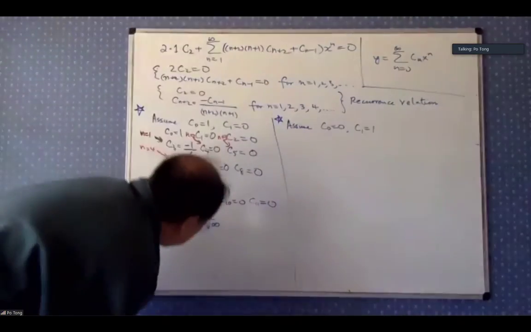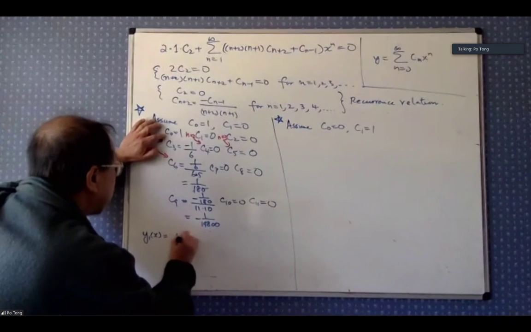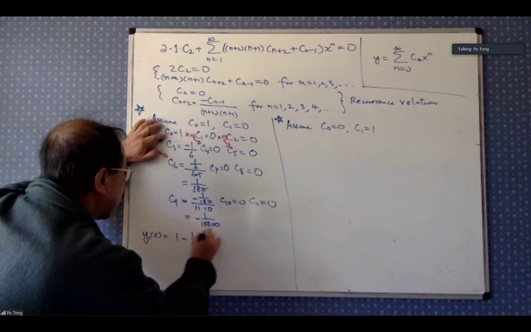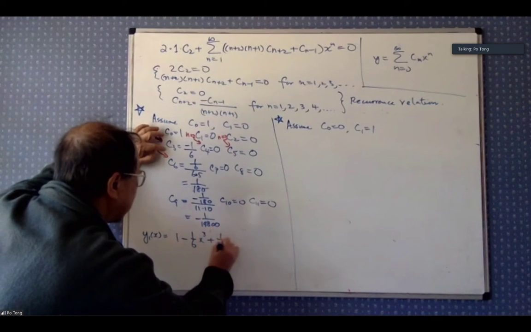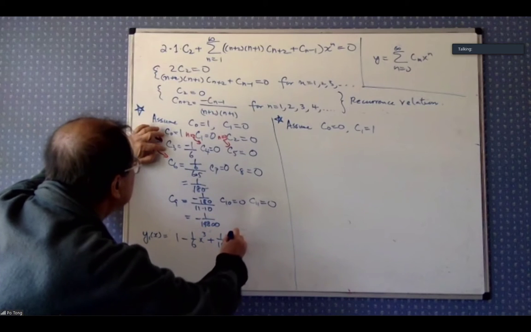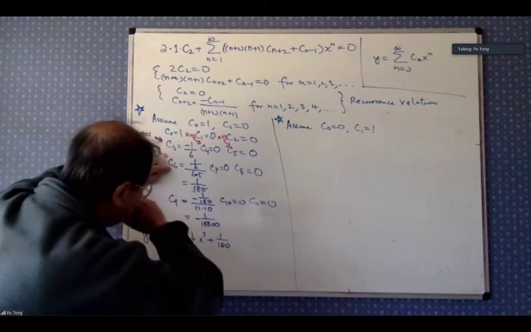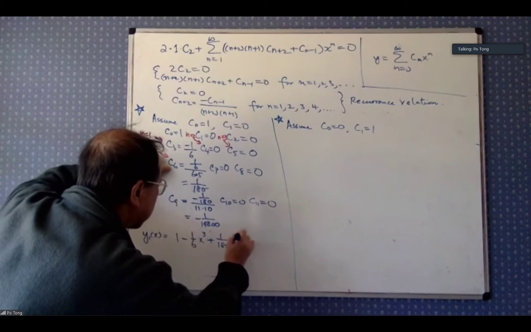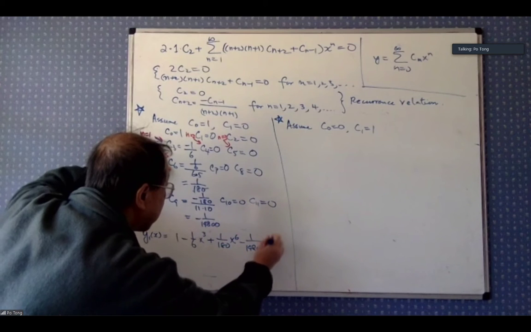So y1(x) will be 1 minus 1/6 x cubed plus 1 over 180 x to the power 6 minus 1 over 19800 x to the power 9.